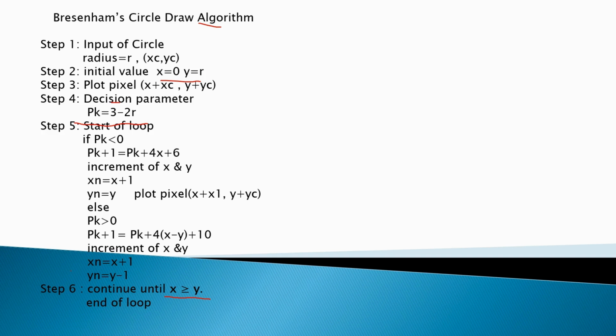That means we get the first octant values of the circle. Then it is repeated similarly, mirroring all the quadrant values to form a circle. Once it reaches this condition, it will stop the loop.